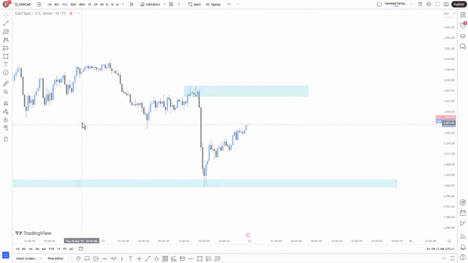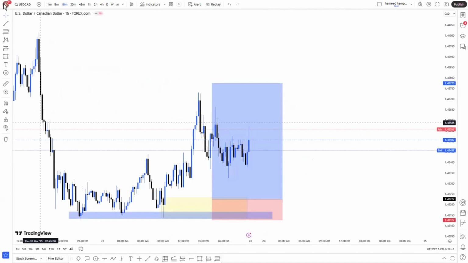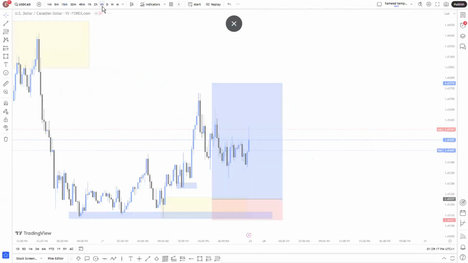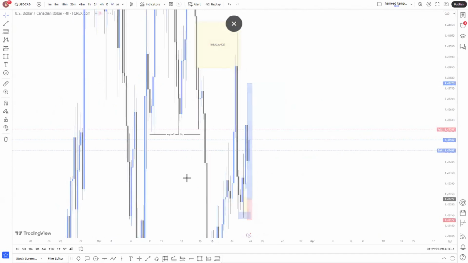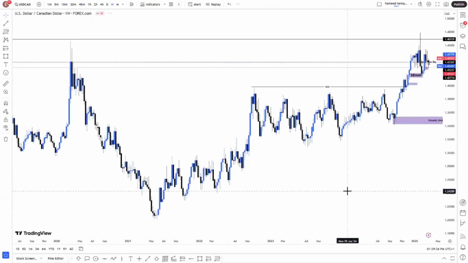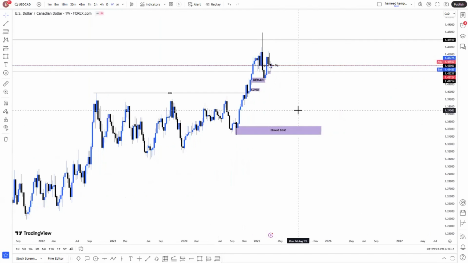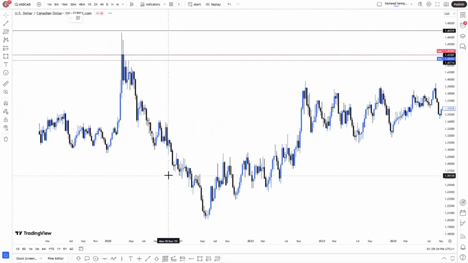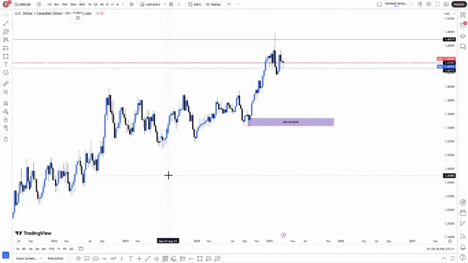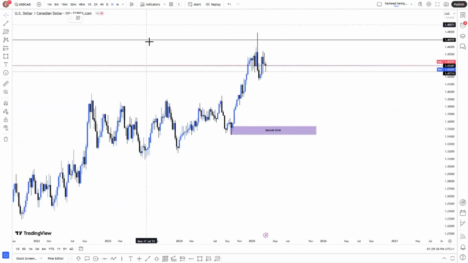Now let's move on to USDCAD. Let me clear this so I can see. All right, USDCAD is on a bullish trend. This is a bullish trend on a weekly time frame.